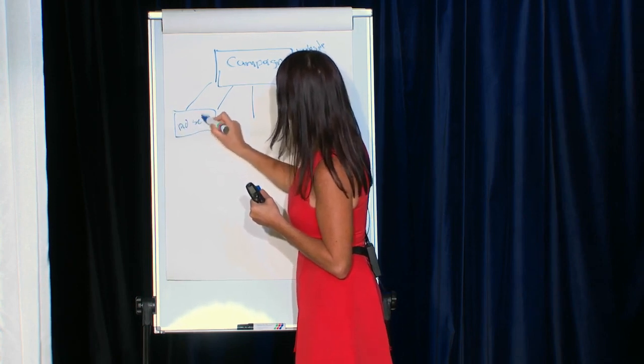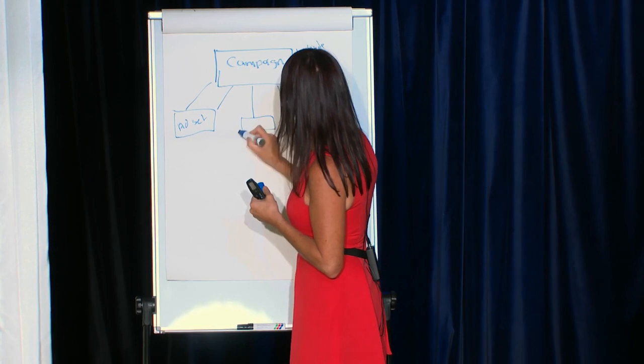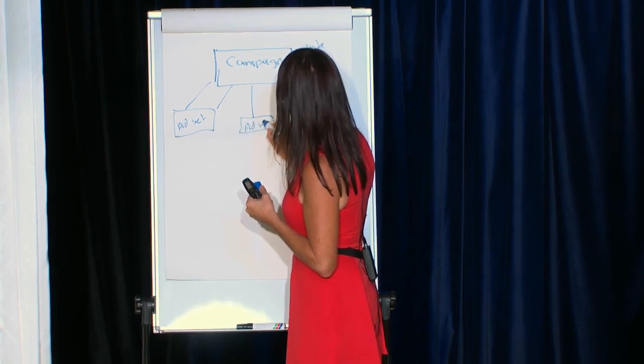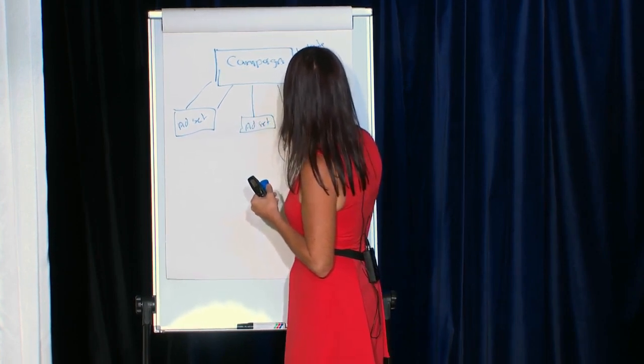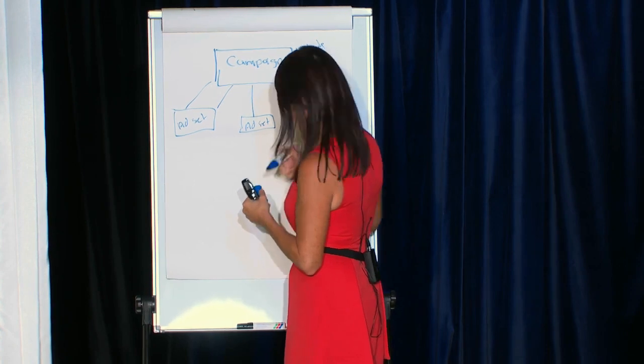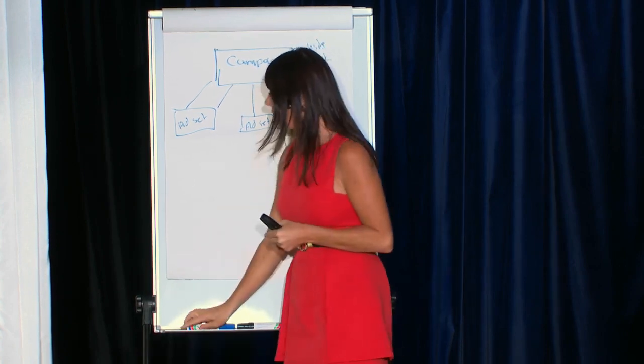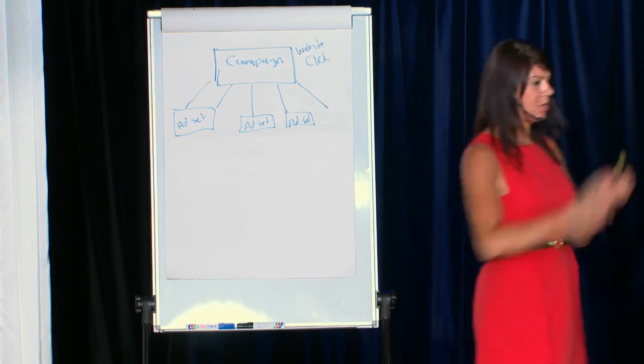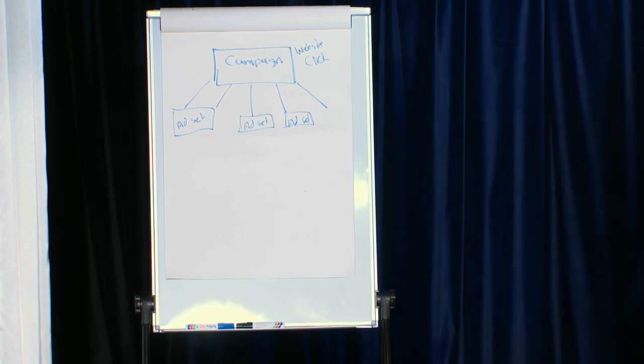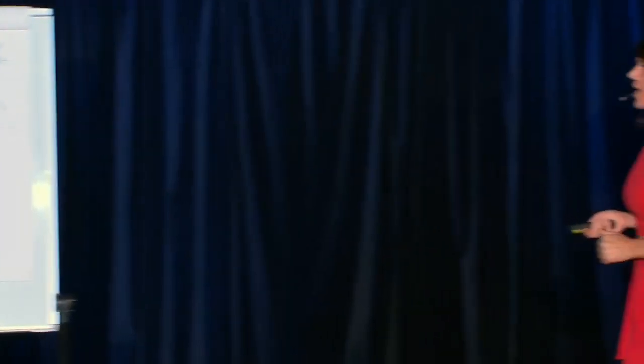Ad set. Right, so now we're down to ad set level. We haven't even done an ad yet. We're just at ad sets. We've passed this test, we want people to go to our website. What are we going to do inside our ad set?